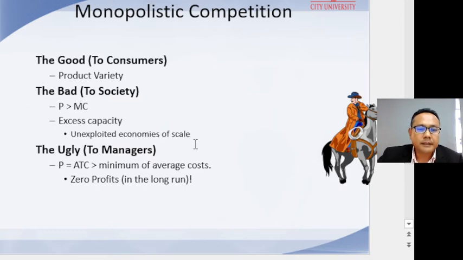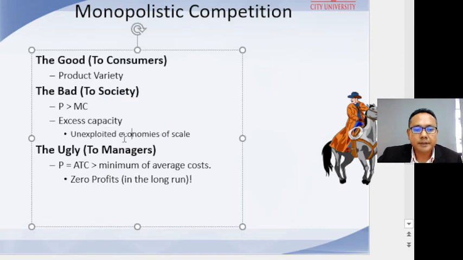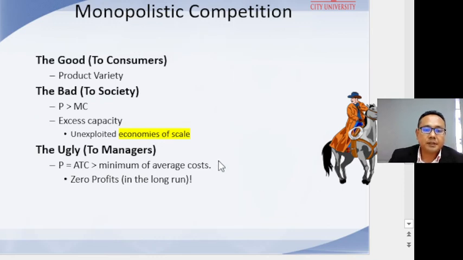In economics, if we still remember the concept of economies of scale, a very good example is the pharmaceutical industry. We can see the pharmaceutical industry sometimes will produce two or three products at one time for the same purpose. So that's the exploitation of economies of scale, right?